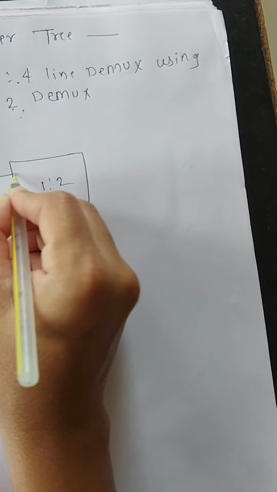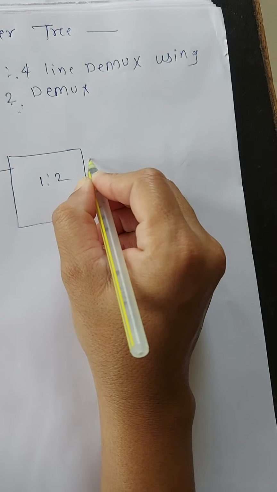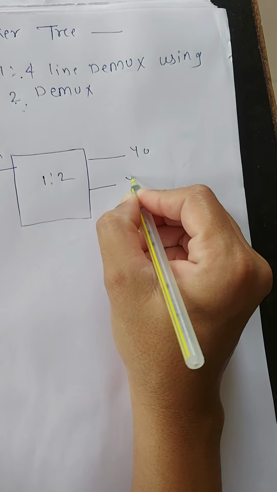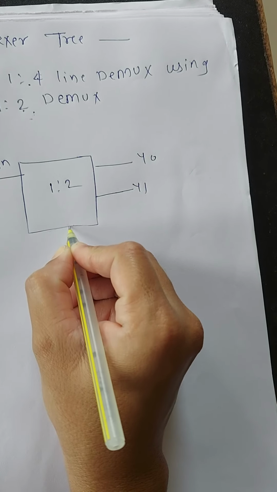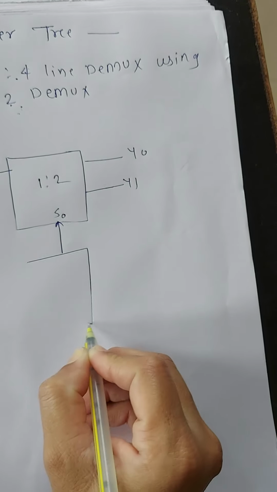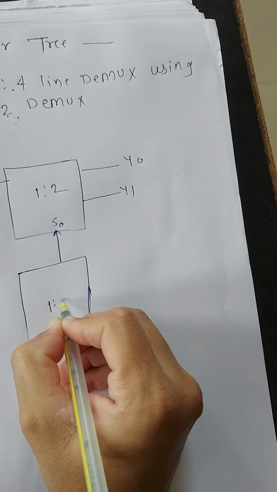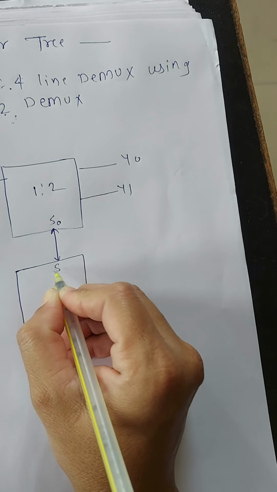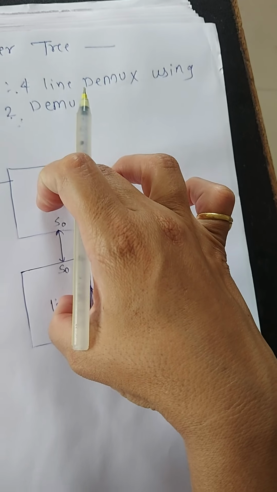A 1:2 demultiplexer has 1 D in, 2 output lines Y0 Y1, and 1 select line S0, and another 1:2 demultiplexer is required, which also needs one select line. These are the 2 select lines for the 2 demultiplexers we cascade.